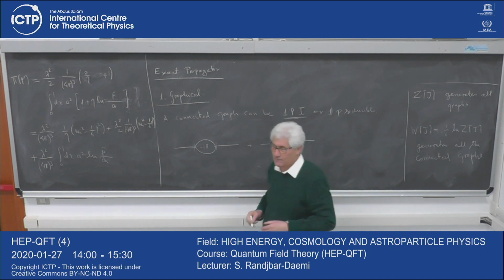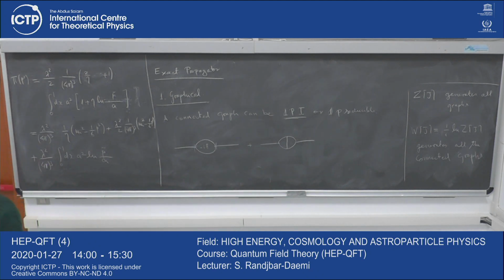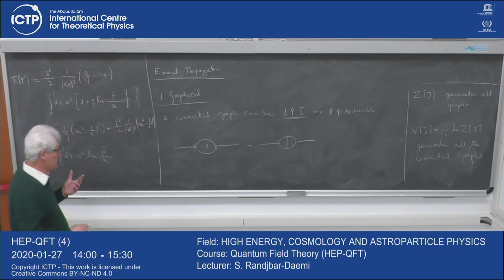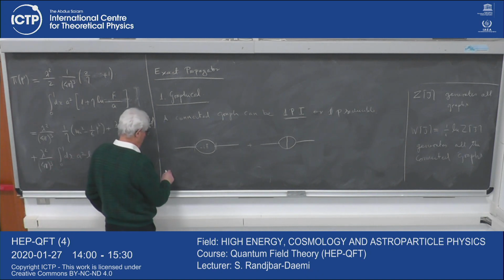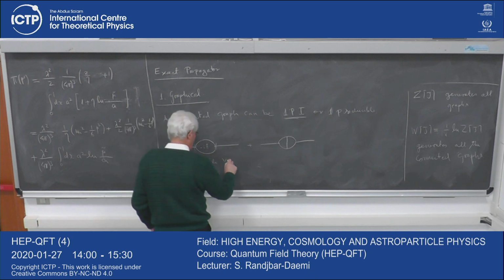So take any one particle irreducible graph, remove all the external legs, what is left is really the object which carries the information that you need. Okay? That piece is called the one particle irreducible vertex.